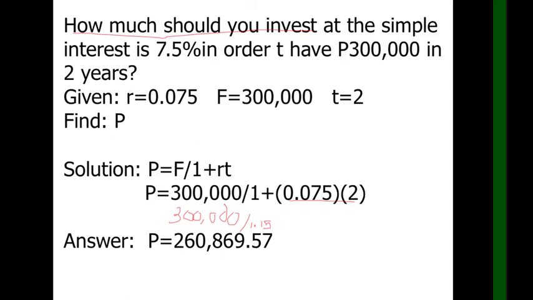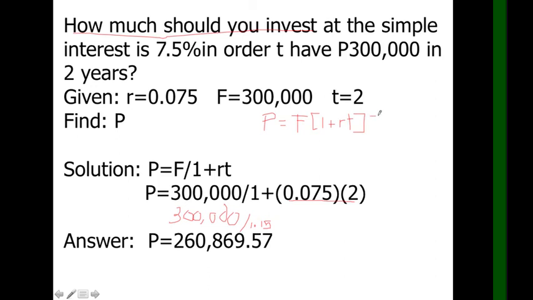So, let me check. So, we have 260,869.57. Correct. Now, if we will use yung formula na binigay ko kanina, we will get the same answer. So, let's have P equals F times 1 plus RT raised to negative 1.